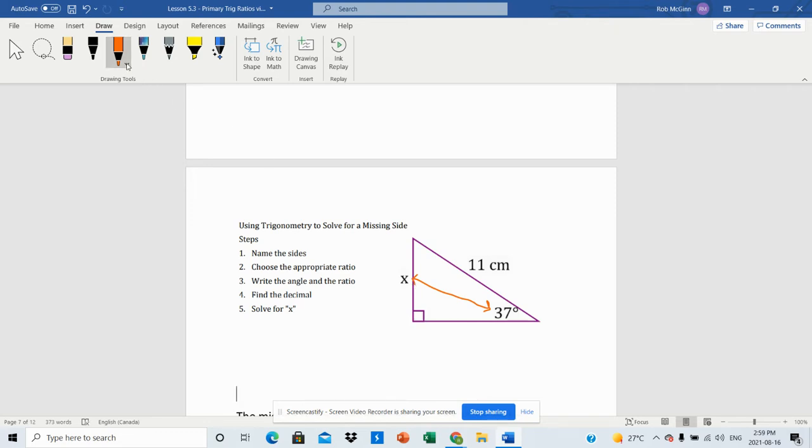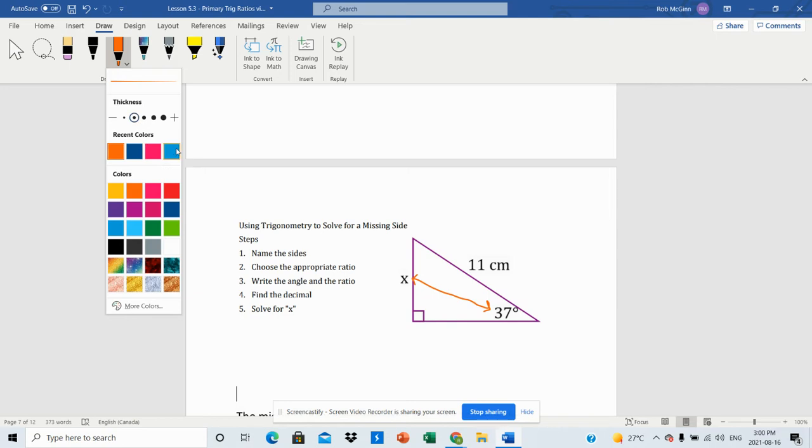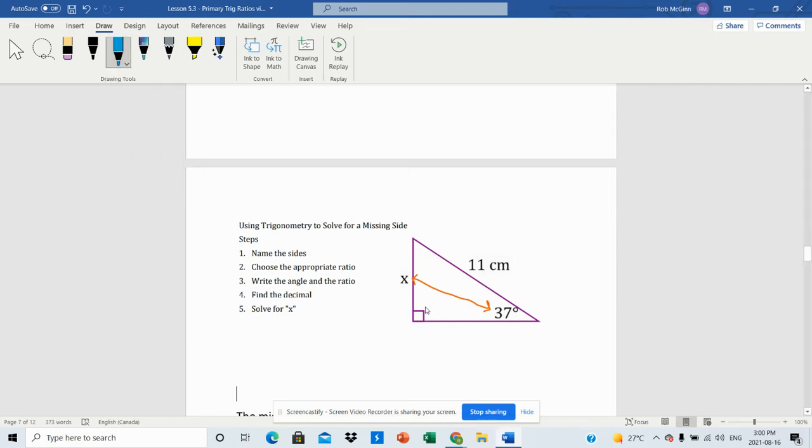Over across from my right angle, that's my hypotenuse. My hypotenuse is always directly across from my right angle. So I know my opposite, I know my hypotenuse. That must mean that this here is the adjacent.